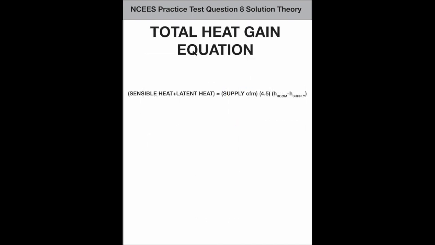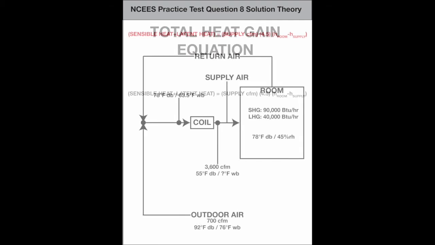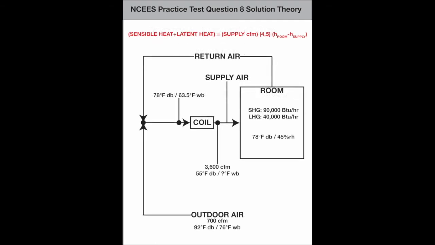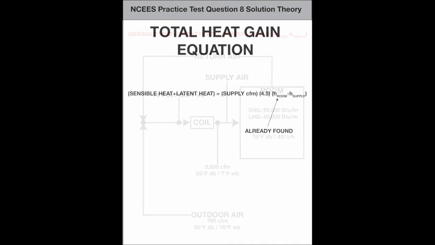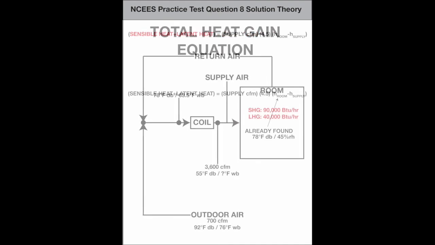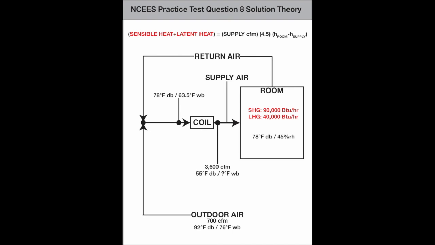The total heat equation, which should be memorized, is applied to the room's heat gain like this. Use the room enthalpy value you already got from the dead end option earlier. 90,000 plus 40,000 equals 3,600 times 4.5 times 28.6 minus supply enthalpy.